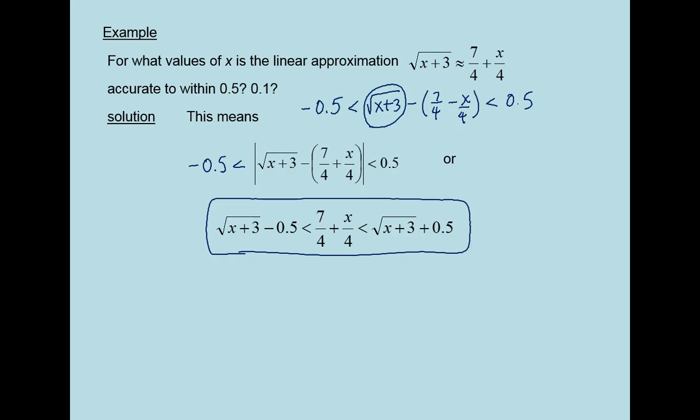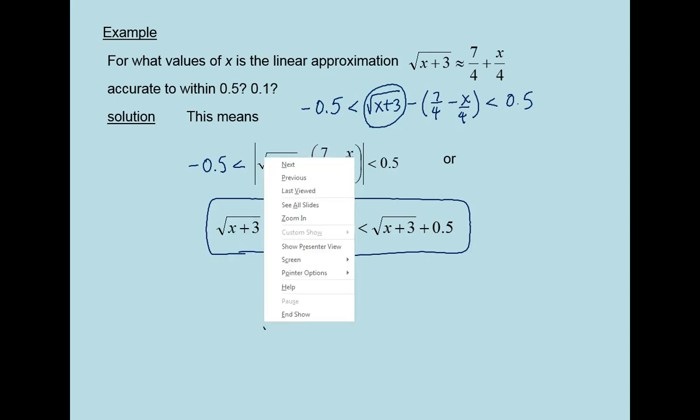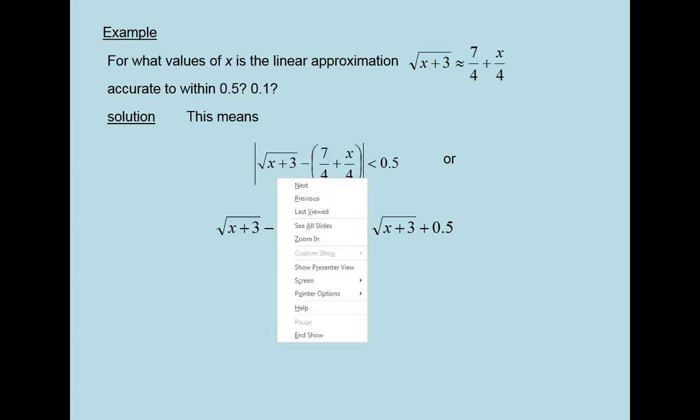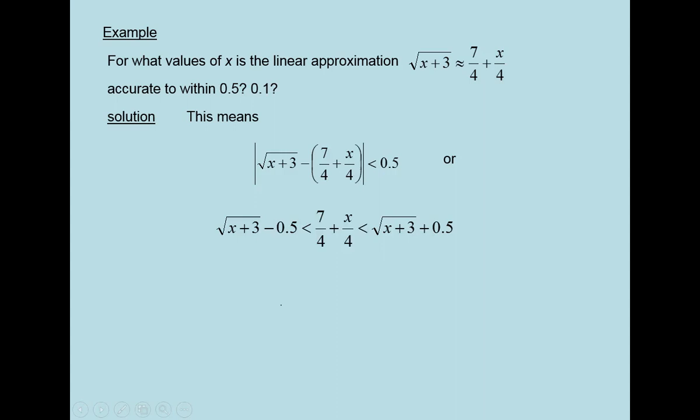Now, how do we solve something that looks like this? Well, we could try to do it algebraically, or we could do it graphically. Let's look at this graphically. If we were to plug in each one of these intervals in our calculator, so for instance, in y sub 1, we could plug in the square root of x plus 3 minus 0.5.